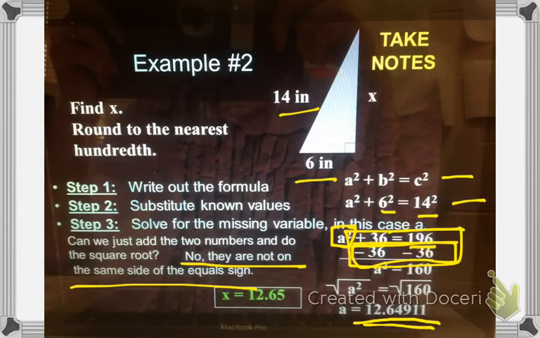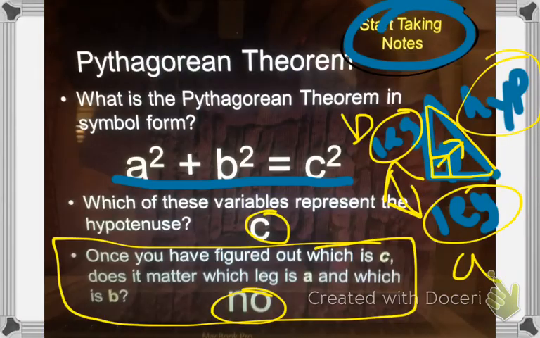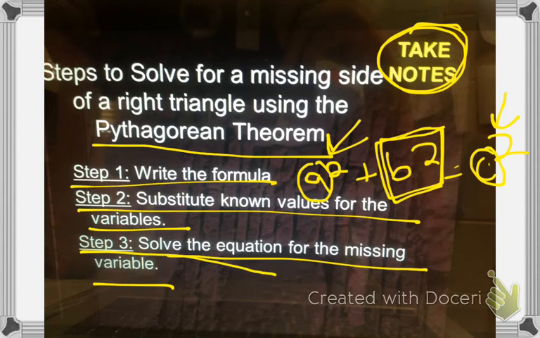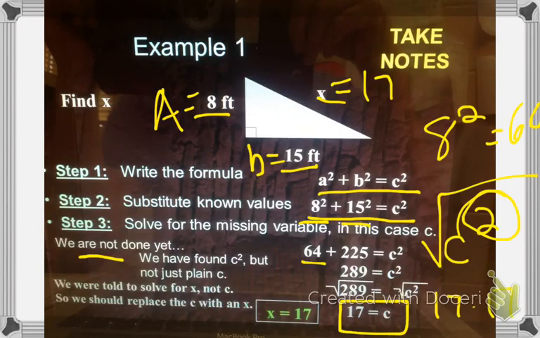So basically, follow the steps that we have here. Step 1, write the formula. Step 2, substitute known values for variables. Step 3, solve the equation for the missing variable. If it's a two-step, use those two steps like what we did here. The one step, we squared everything, added it together, and then took that square root.